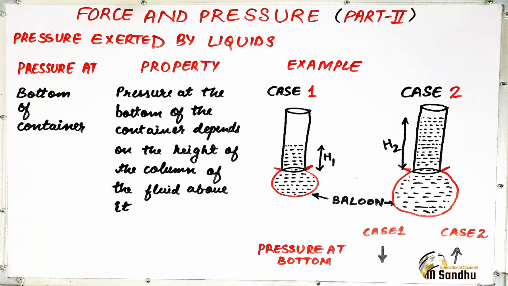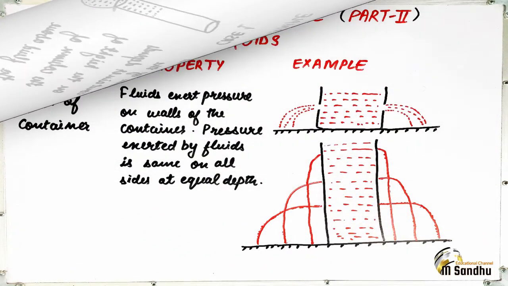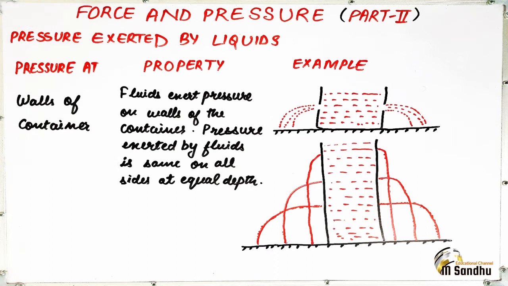We have illustrated the pressure exerted by liquids by two examples. The first one was the container and the balloon, and the second example was about the container in which we have made two holes at the same height, and in another example in which we had made holes at different heights.